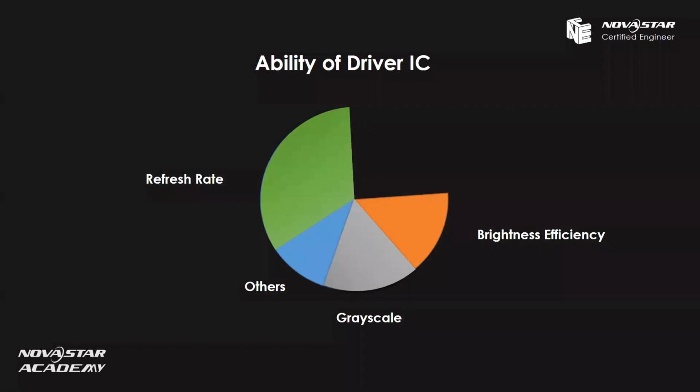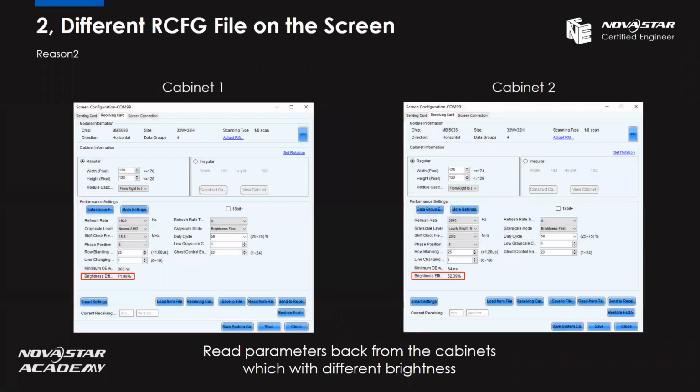Let's review again: if we turn down the refresh rate, the brightness efficiency will be higher. So for this cabinet, refresh rate, refresh rate times and shift clock frequency, all these three parameters will affect brightness efficiency.